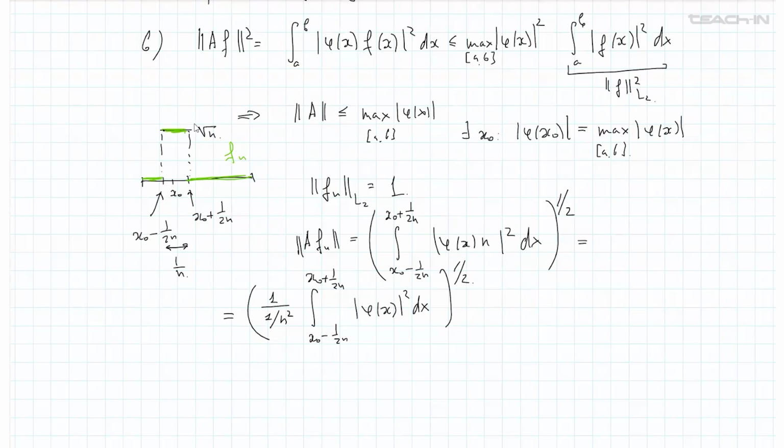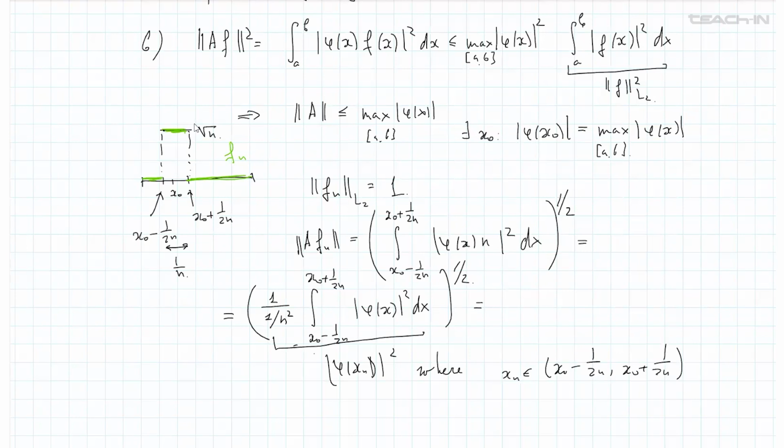So it is equal to phi of x_n squared, where x_n belongs to our interval from x0 minus 1 over 2n to x0 plus 1 over 2n.